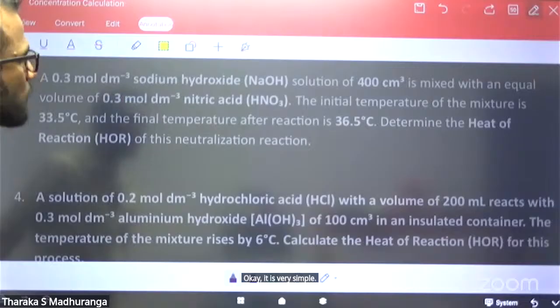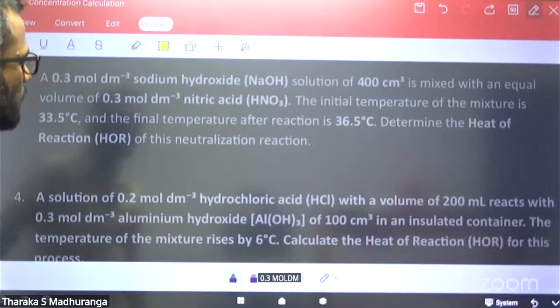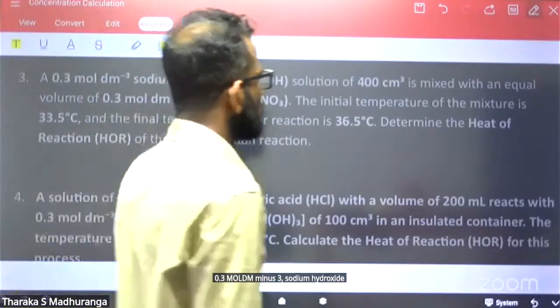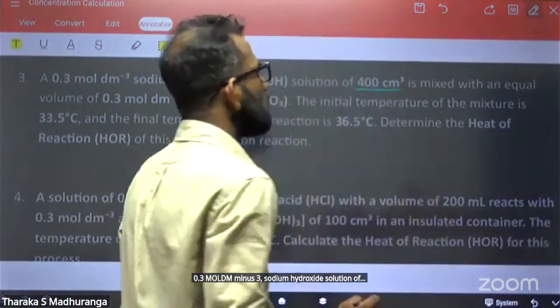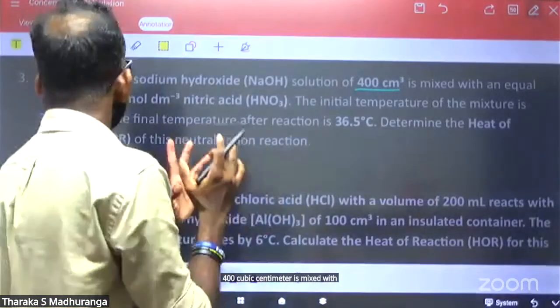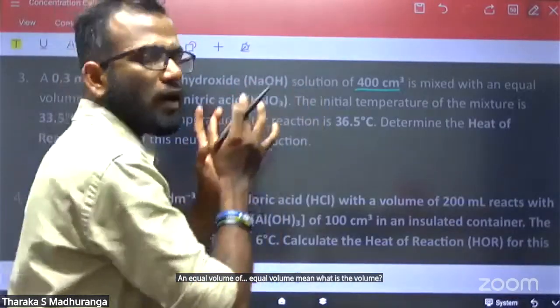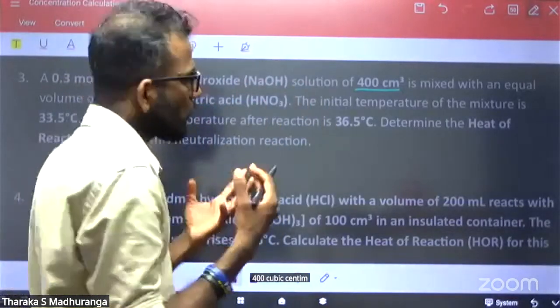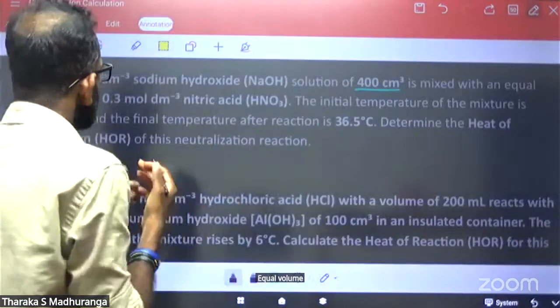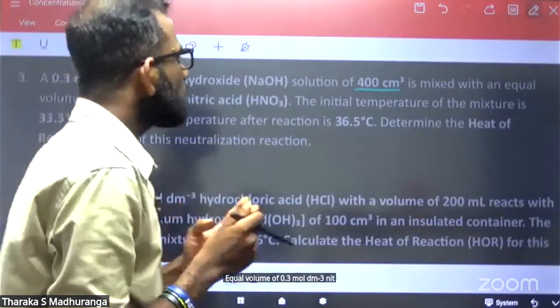0.3 mol dm^-3 sodium hydroxide solution of 400 cubic centimeter is mixed with an equal volume, 400 cubic centimeter, of 0.3 mol dm^-3 nitric acid solution.